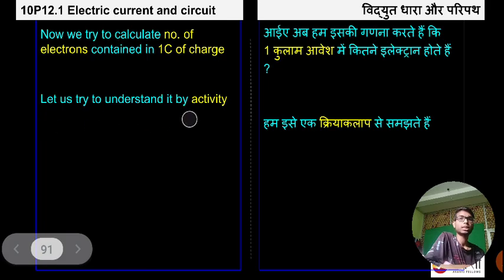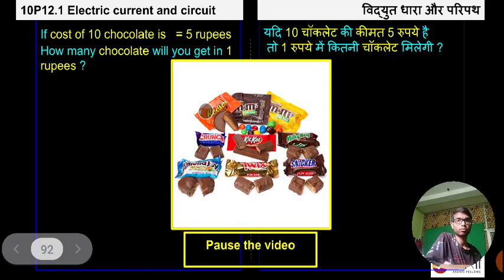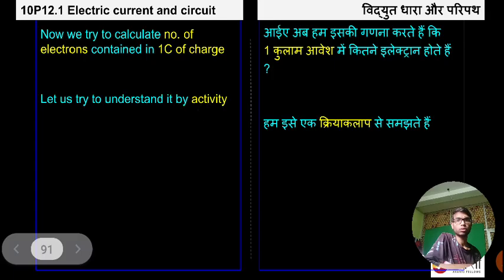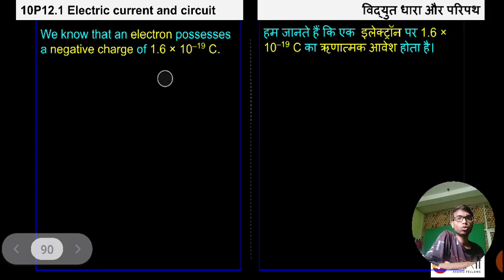Let us try to understand it by an activity. Now we try to calculate the number of electrons contained in 1 coulomb. In 1 coulomb, how many electrons do we have?